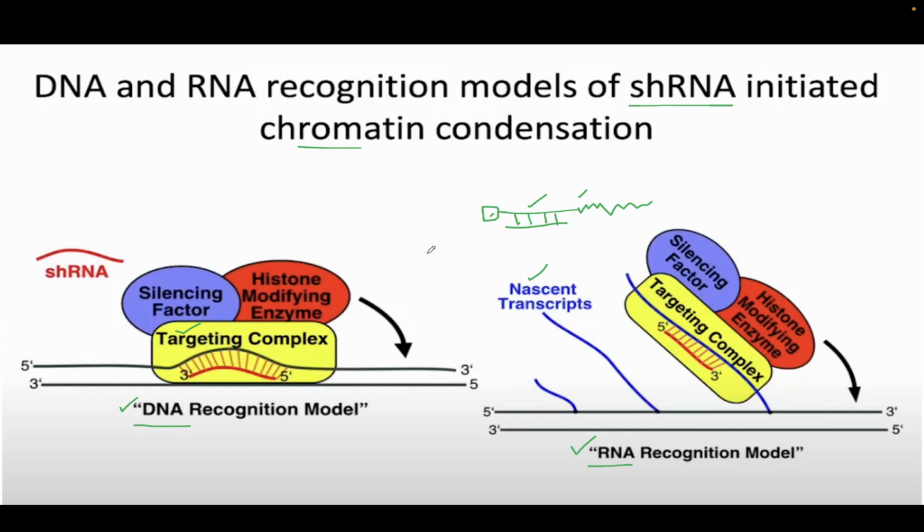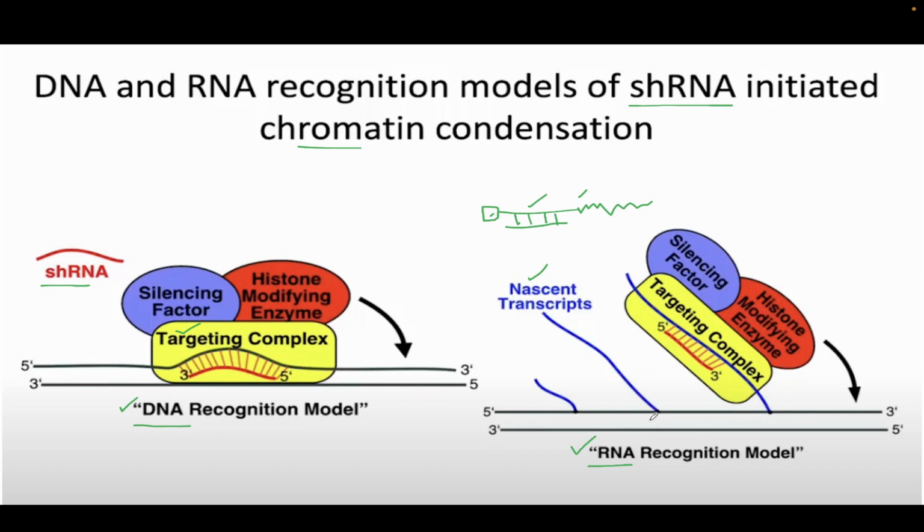Okay, so here you understand two types of chromatin condensation which is initiated by shRNA. One is the DNA recognition model. Here it directly interferes with the replication, but in the RNA recognition model it binds to the mature mRNA.